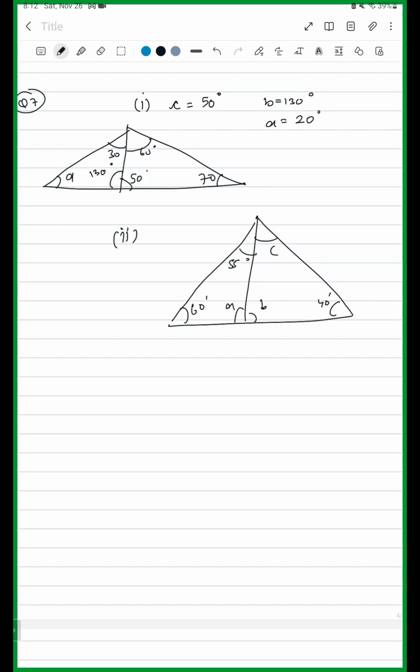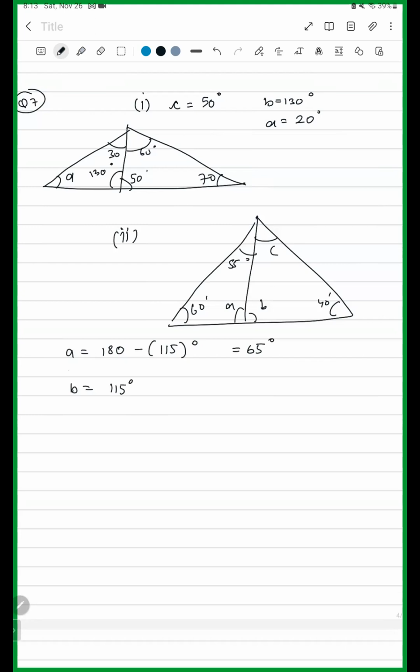We start this off as A plus 55 plus 60 gives 180. Very good. Then A is equal to 65. Only 65. And the next part is A and B are forming a linear pair. So we will say that 65 plus B gives 180.